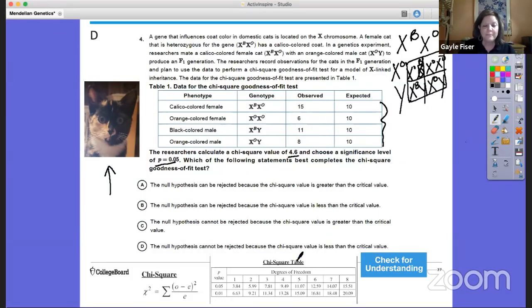All right, so here is our, what do we have? We have 4 categories. So our degrees of freedom, remember, is our categories minus 1, so that is going to be 3. And then we have 4.6 as our chi-square value, and it is less than, so see, we have 11.34, 7.81, so 4.6 is less than our critical value right here. And here's our, so it's heading in this direction.